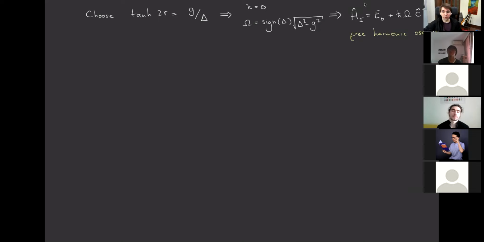And we know very well what the spectrum of a free harmonic oscillator is. So in particular, the spectrum takes a very simple uniform expression, which we have already seen.